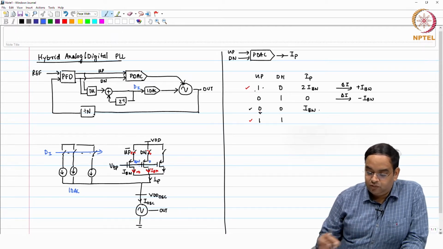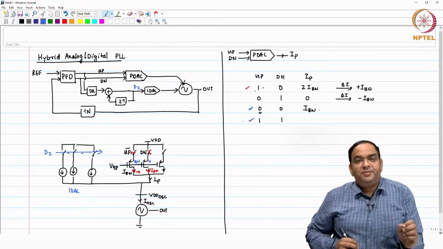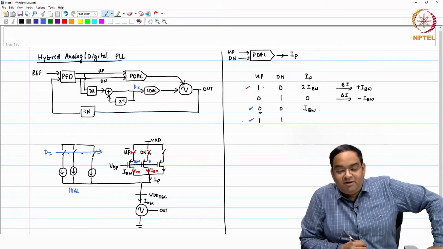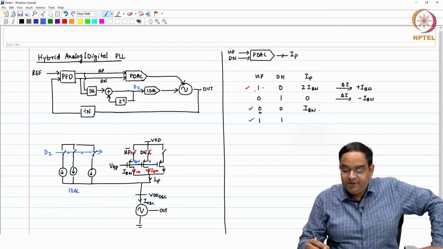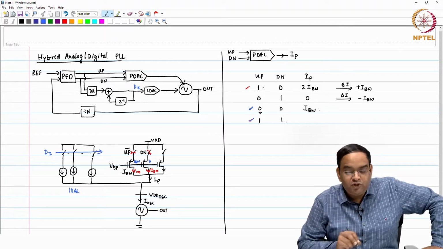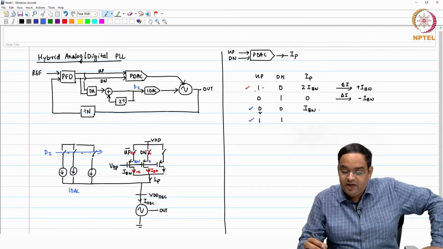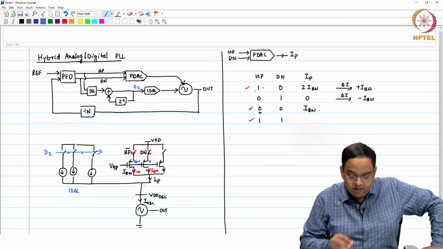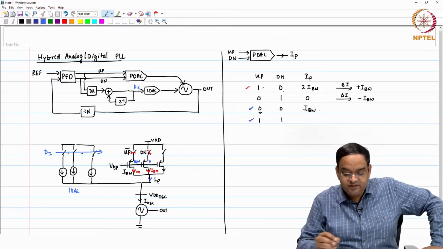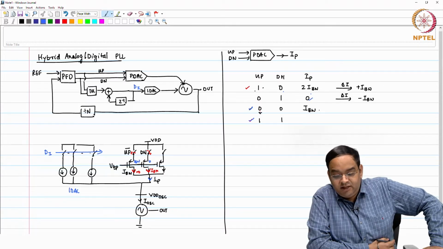Okay. So, in both these cases, whether up is 0 and down is 0, or up is 1 and down is 1, you have I bandwidth current. When up is 1 and down is 0, you have 2 times I bandwidth current in total, and when up is 0 and down is 1, you have 0 current at the output.